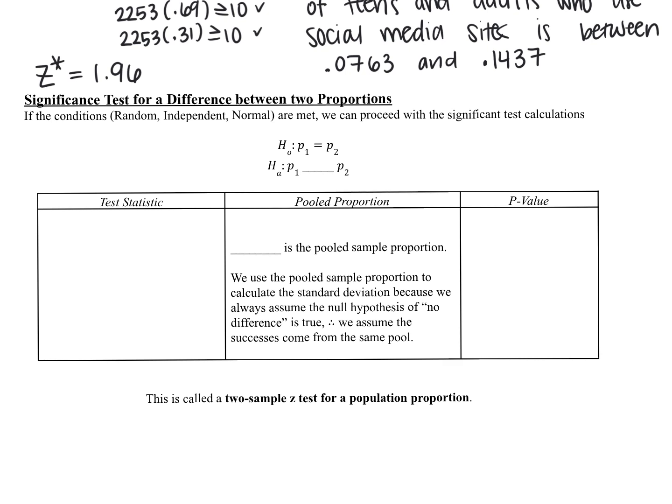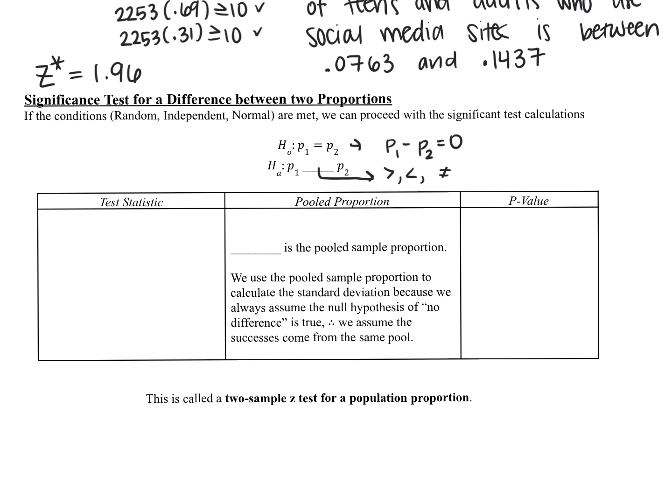Another way to see it is that P1 minus P2 equals 0, so there's no difference. The alternative hypothesis is then either greater than, less than, or does not equal. So they're either the same, one is bigger, or one is smaller.